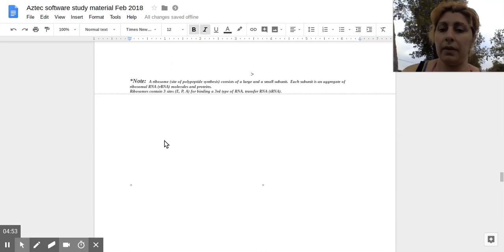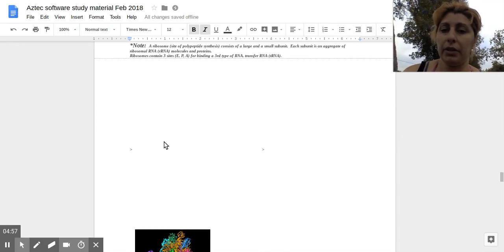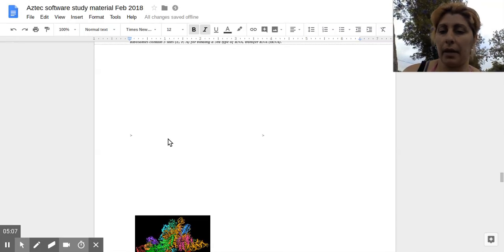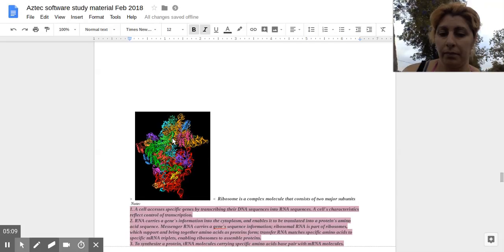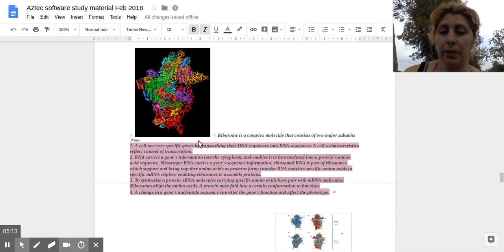Each subunit of the ribosome is an aggregate of ribosomal RNA molecules and proteins. It has 3 sites binding the 3 types of RNA, transfer RNA, mRNA, etc. This is a 3D structure showing what the ribosome looks like. It's a complex molecule made of the 2 major subunits.